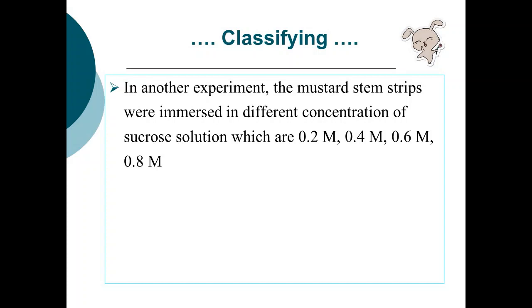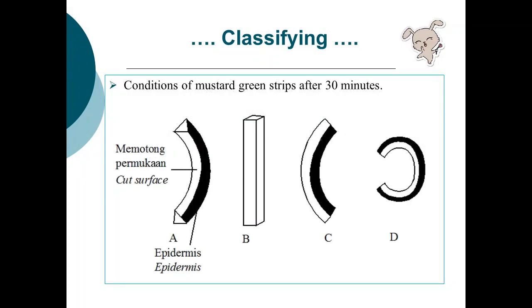In another experiment, the mustard stem strips were immersed in different concentrations of sucrose solution, which are 0.2 M, 0.4 M, 0.6 M, and 0.8 M. This is the condition of the mustard green strip after being immersed in different concentrations of sucrose solution for 30 minutes. Please study the diagram carefully. Please look at the shape.